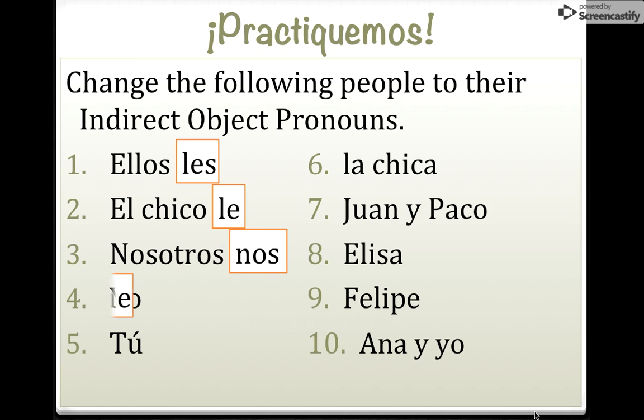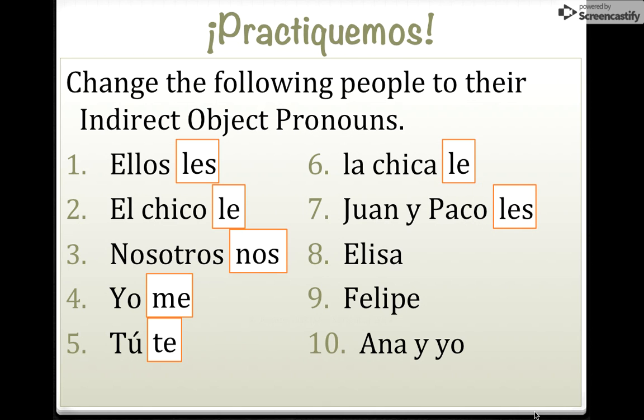Yo would be me. Tú would be te. La chica, le. Juan y Paco, third person plural, les. Elisa, le. Felipe, le. And then Ana y yo, so it's going to be nosotros, would be nos.